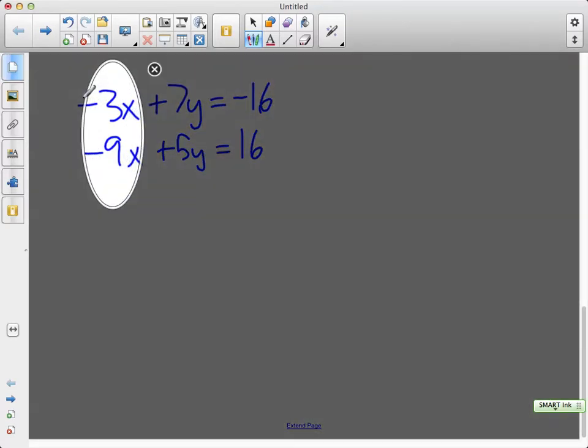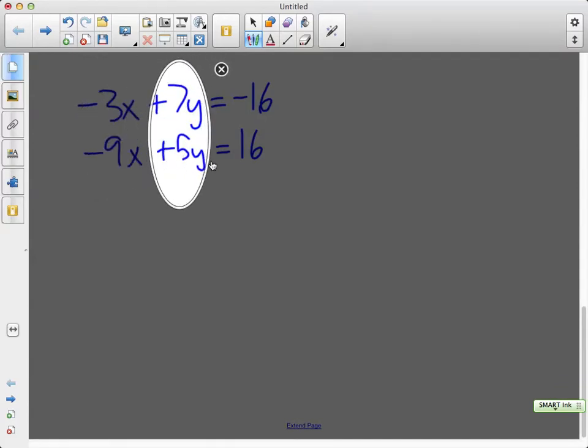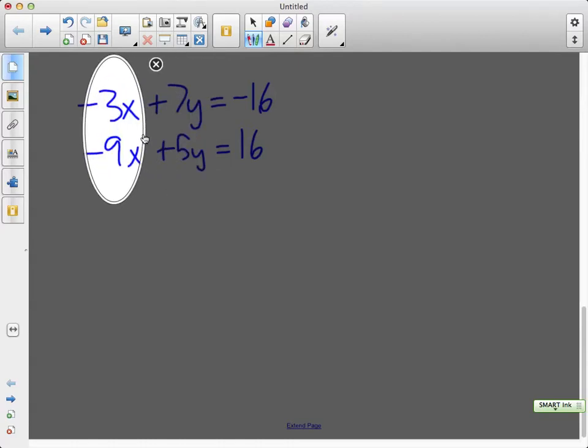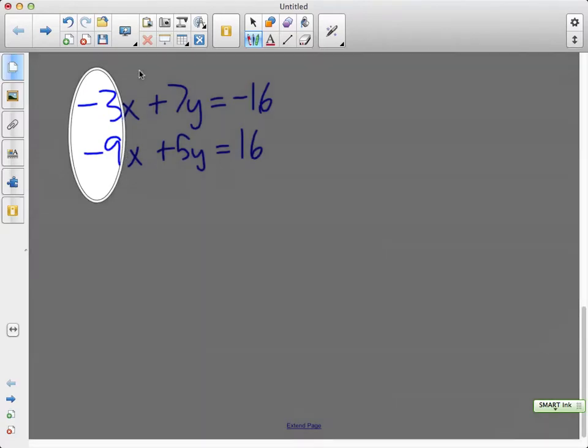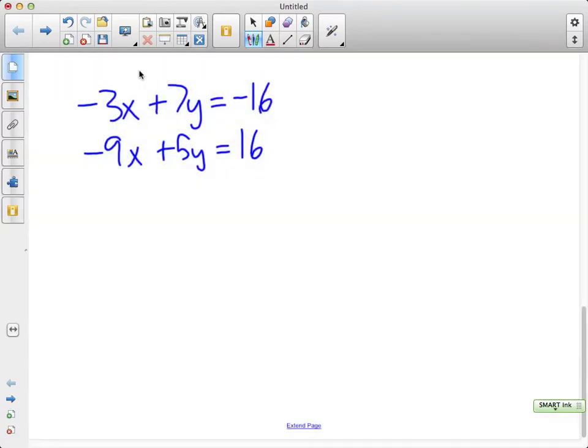Now, here I see that 3 is easy, I know I can multiply the top equation by 3 to get it to a 9x. With this second one, I would have to multiply by some fraction. So it's going to be easier to work with the x in this scenario. But they're both negative, so I'm not going to multiply the top by 3. I need to multiply the top equation by negative 3.